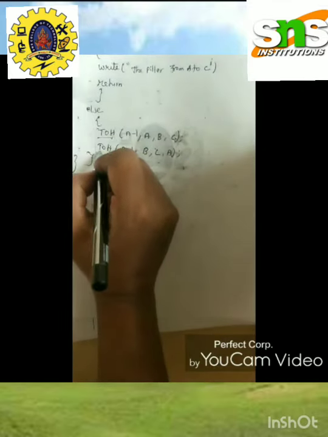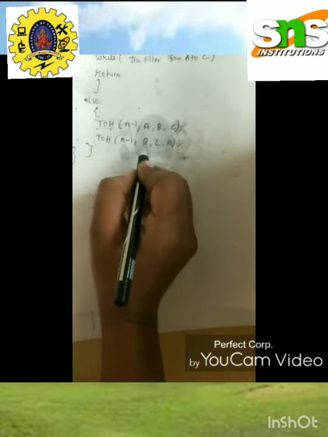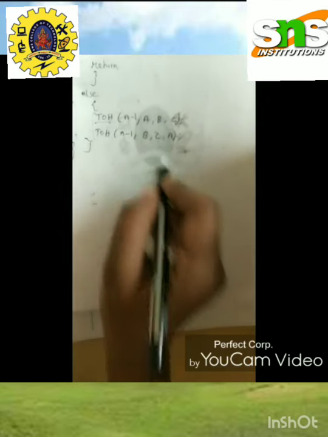In this algorithm we have 2 recursive calls, one with B as auxiliary and another with C as auxiliary.